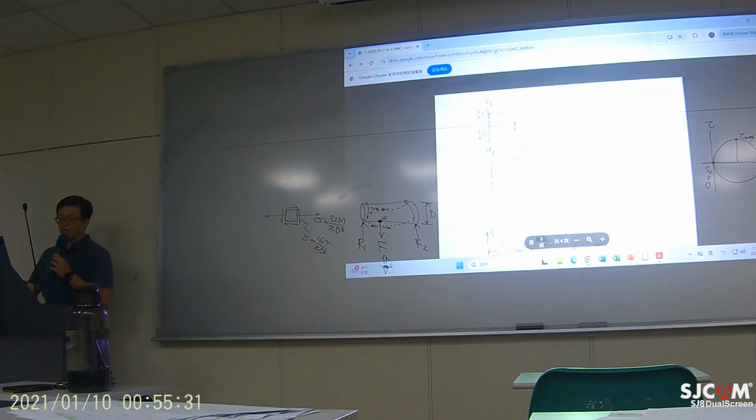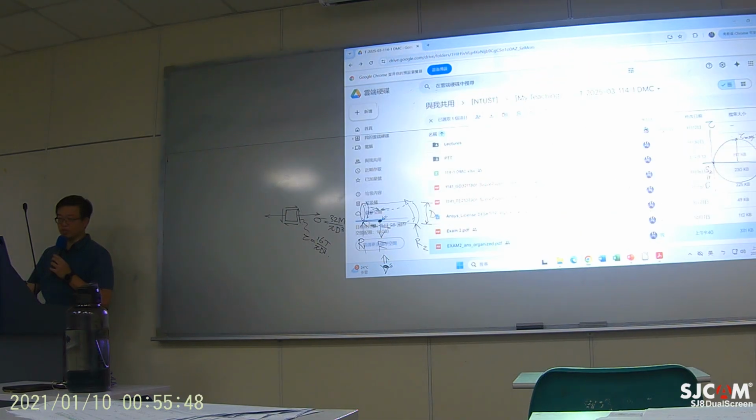And then, okay, and then over here, now I ask you to use the maximum distortion energy model, which is this one. So from here, the problem was what?